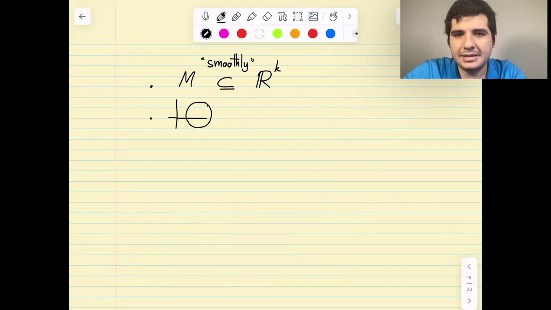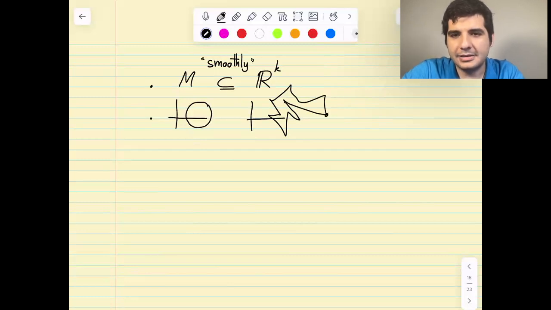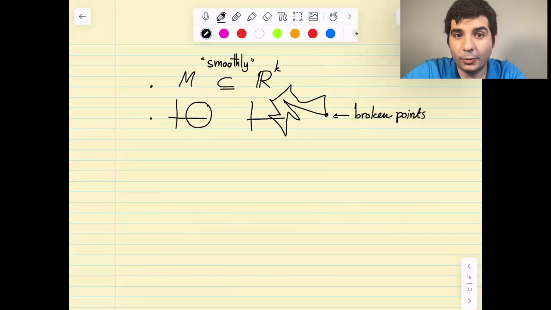In some sense, it's sitting inside R2 in a smooth way. The same topological space can be embedded inside R2 in a non-smooth way. You see these broken points? This subset is not a smooth manifold. It has broken points, right? So what is the definition of a smooth embedding, or a manifold sitting inside Rk smoothly?